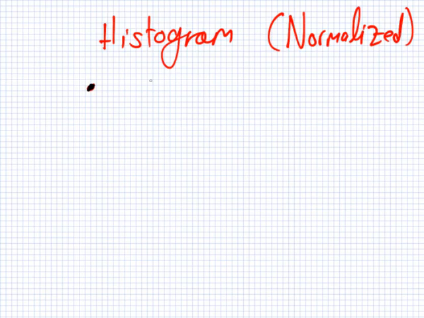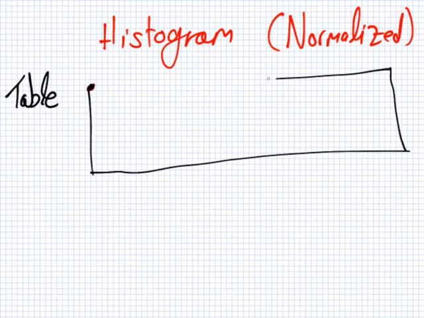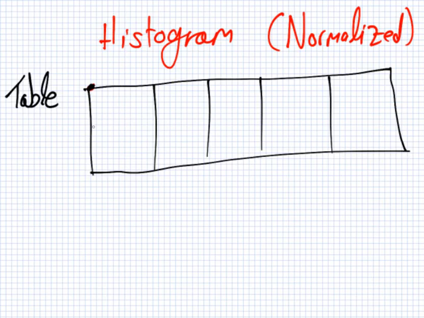So usually we start off with a table of the data, like for example something like this. So if we're talking about height, I'll just make 5 boxes here. 1, 2, 3, 4, 5. In this box here we'll have our height, which will be in centimeters.